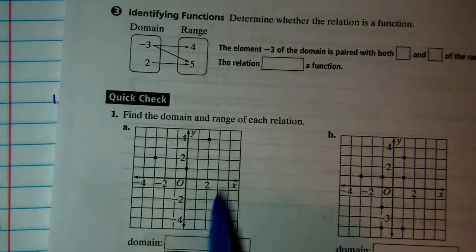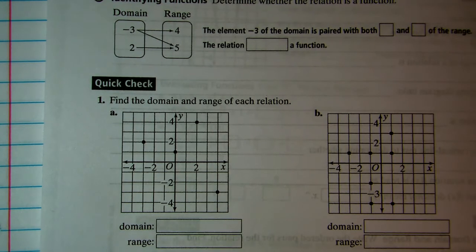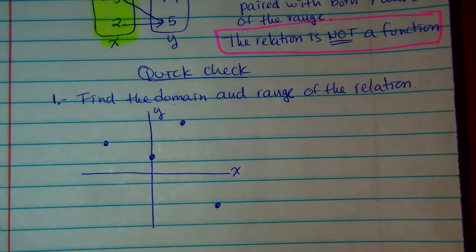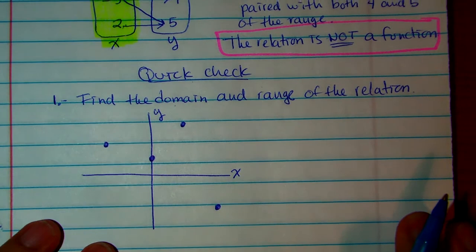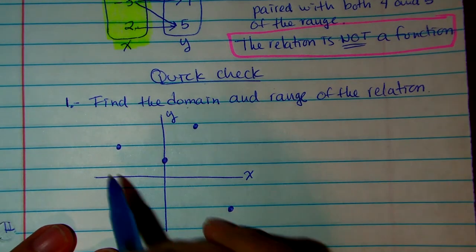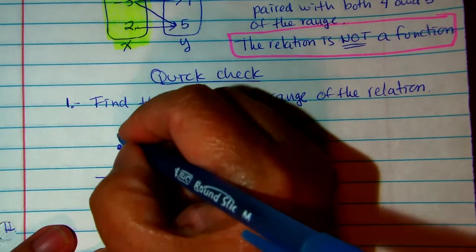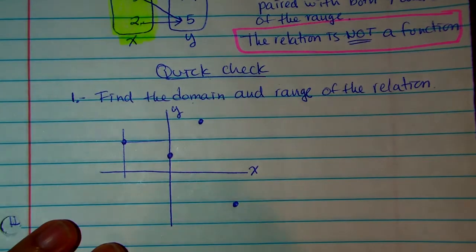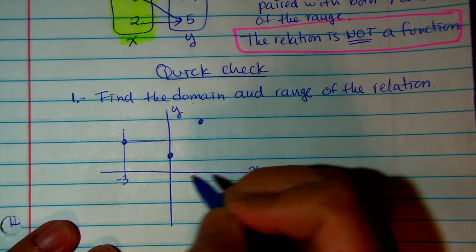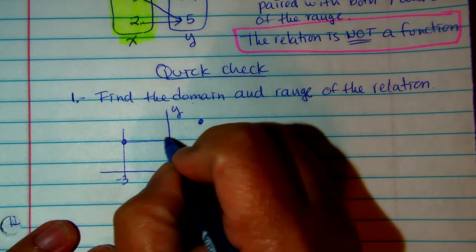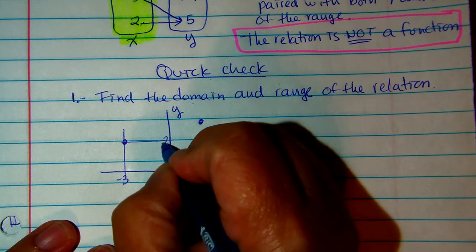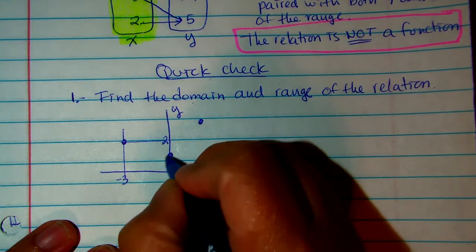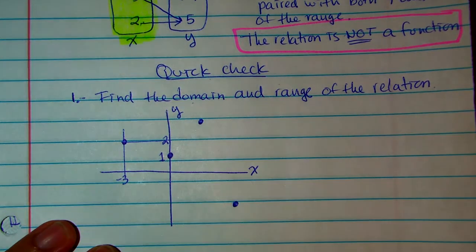Now, this is the exercise right here. It's a complete gridded graph, but we don't have time to do all the grids. So we're just going to draw the coordinates for each of the points, okay? So this one, let's draw the coordinates. This one is located at -3 and over here at 2. This one is located at 1.